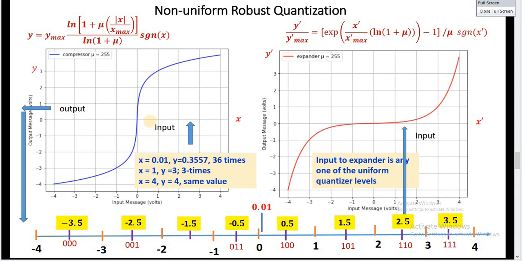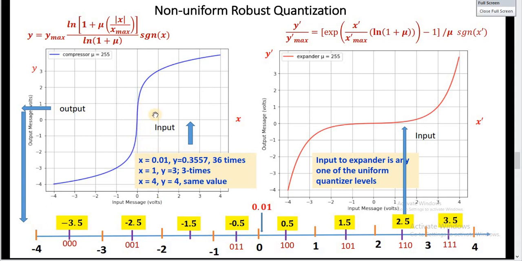If the input to this compressor is a sample with amplitude 0.01, upon substituting and solving, assuming y maximum equal 4 and x maximum equal 4, the output is 0.3557. A sample with amplitude 0.01 is being amplified almost 36 times.